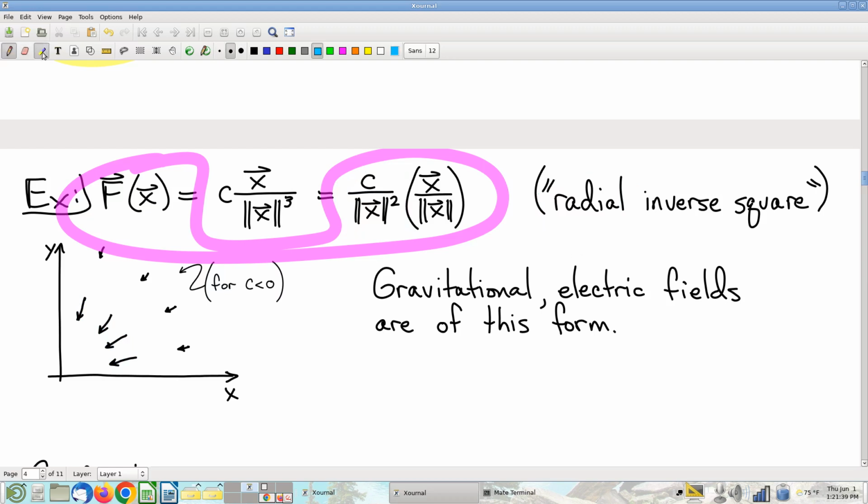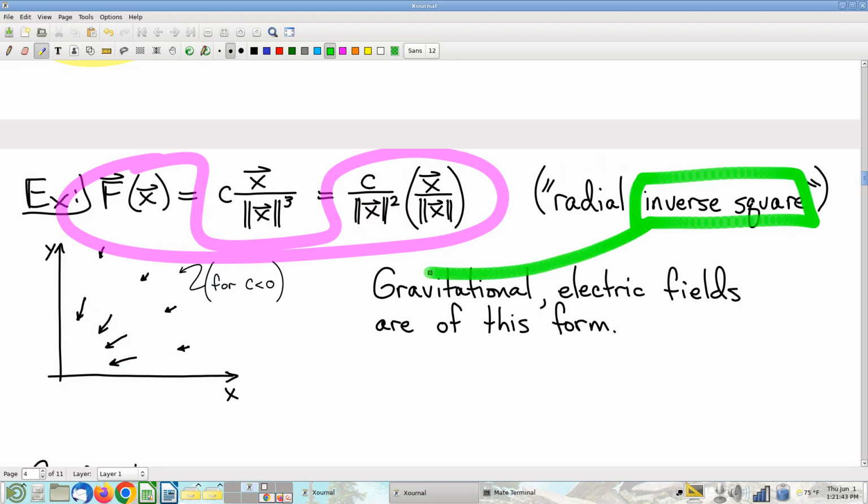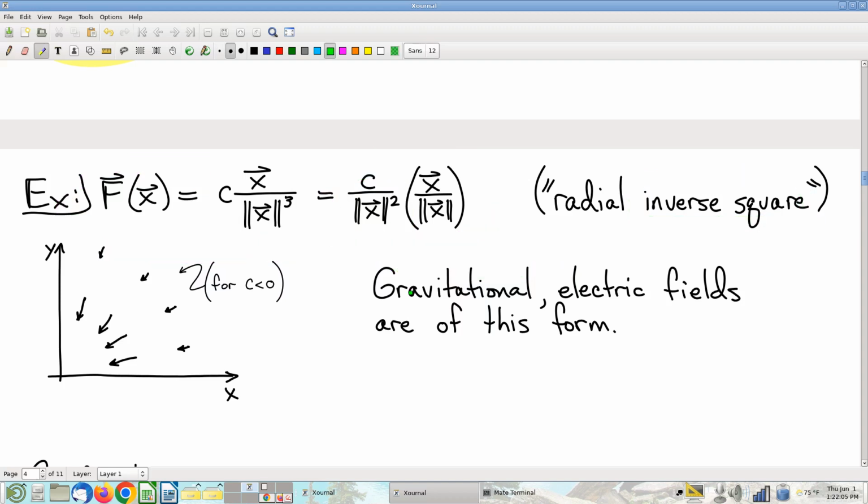Inverse square: you can see right here in the equation, the way the magnitude is a function of distance from the origin is literally an inverse square relationship to distance. So you may recognize this term, inverse square, flashbacks to high school physics and talking about the gravity formula. And in fact, what we have here is literally a form that describes gravitational fields.